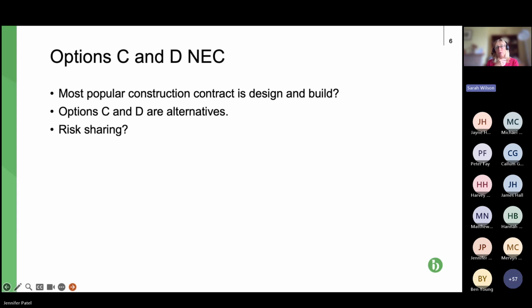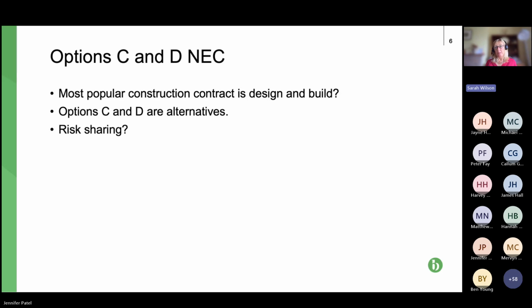Generally a construction contract would be a design and build, not always, but the way that NEC is set up is that it can be either. As with lots of issues in NEC, there are bolt-ons to include the design element. Now it says that option C and D are alternatives, so that's not quite correct in that context.